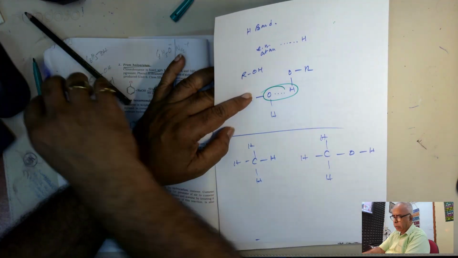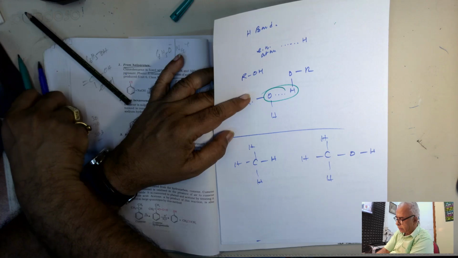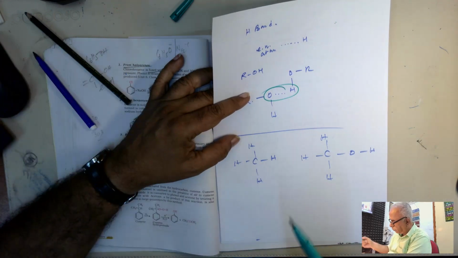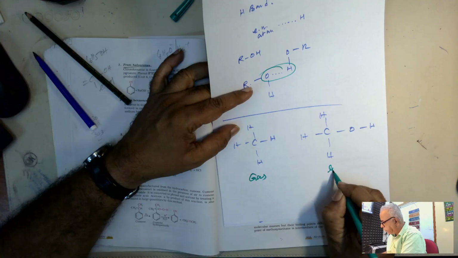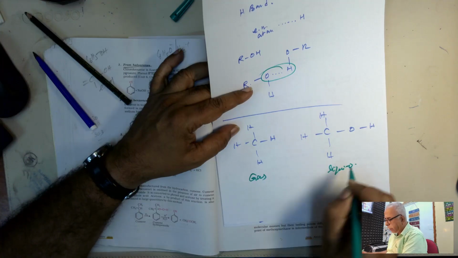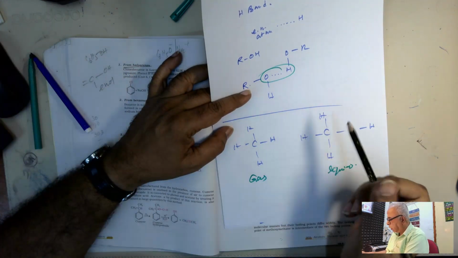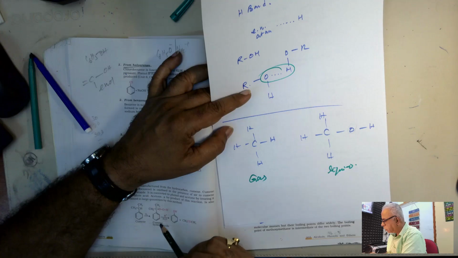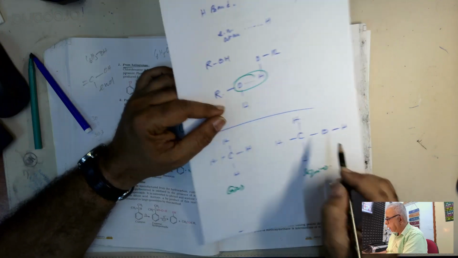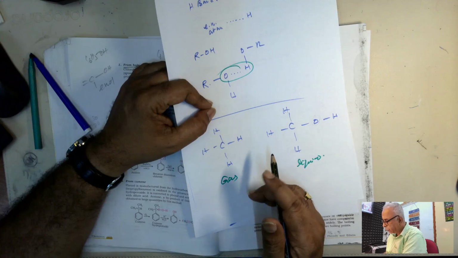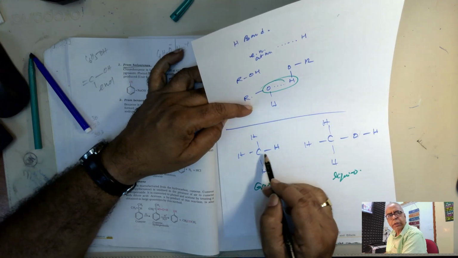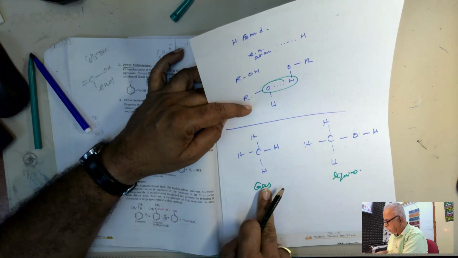Methane is a gas, whereas methanol is a liquid. Why does this nature change? Is it because of one oxygen? Yes, because it involves intermolecular hydrogen bonding, and there is no such oxygen here. That is why it is a gas.